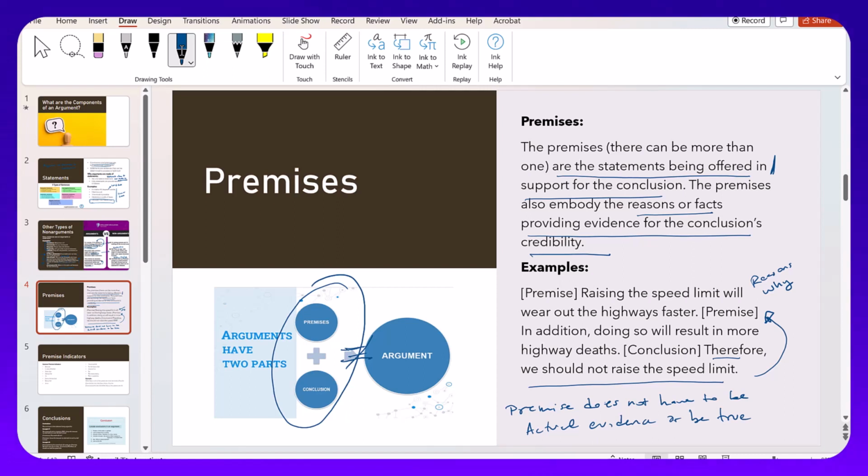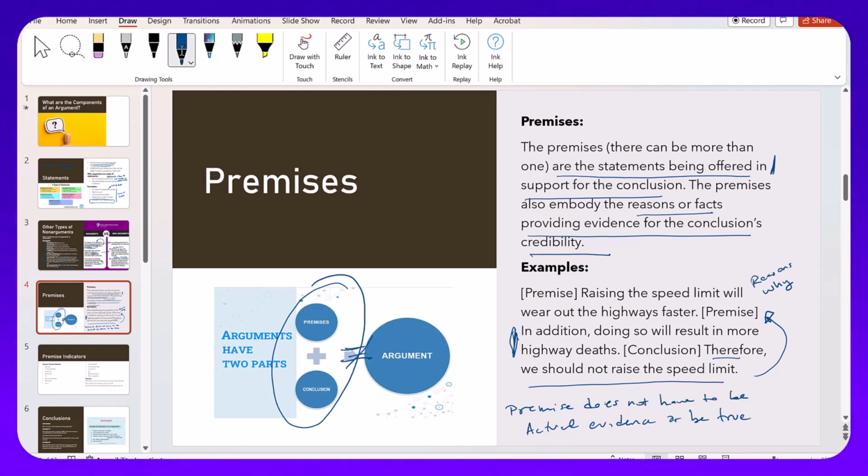Raising the speed limit will wear out the highways faster. You could agree with that, but do you have the data to support that? What if raising the speed limit doesn't actually increase the number of deaths, right? That doesn't take away from the fact that this is still an argument.